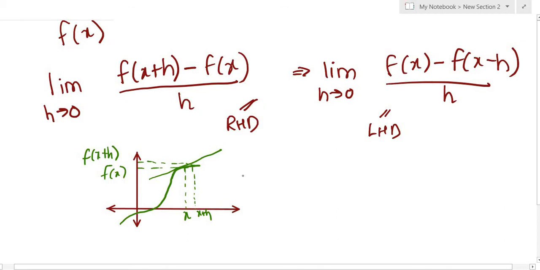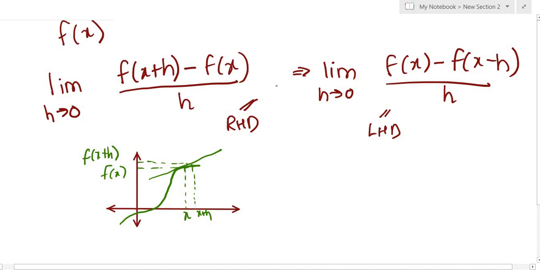And the advantage with the first principle is that we have an x, because unlike the last video where we had to take a specific point, say 0 or 1, 2, an integer, or any other numerical value, now we can do a general method of finding the derivative at a given point.